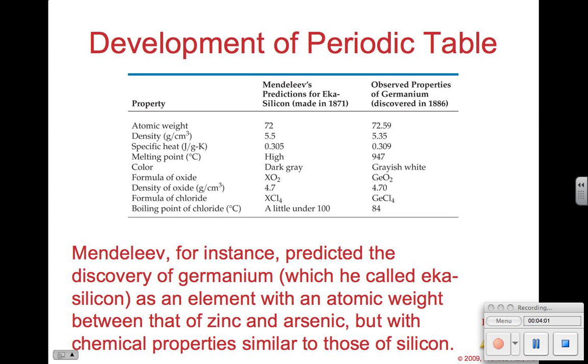And the periodic table has continued to be a very useful tool in predicting properties, and in deciding what could be a good alternative.